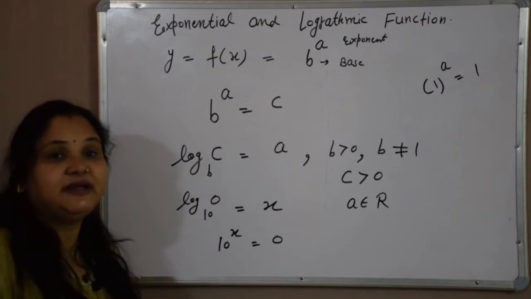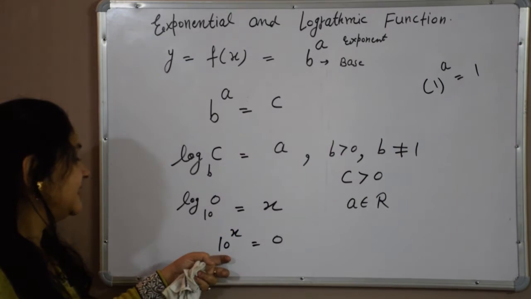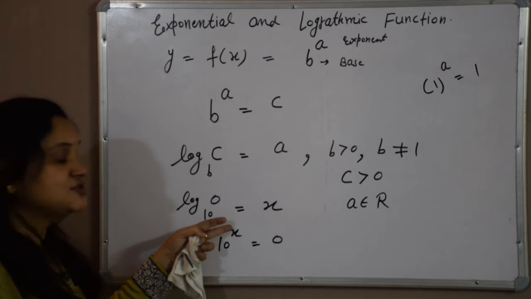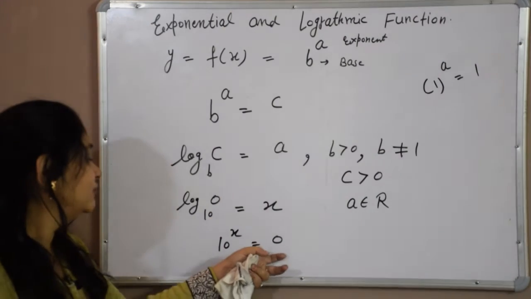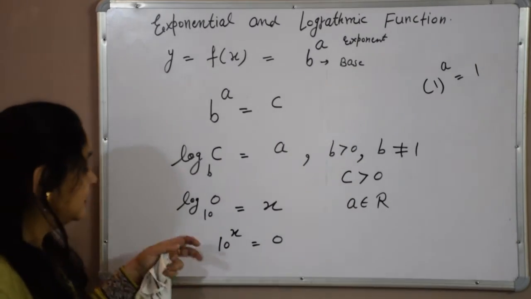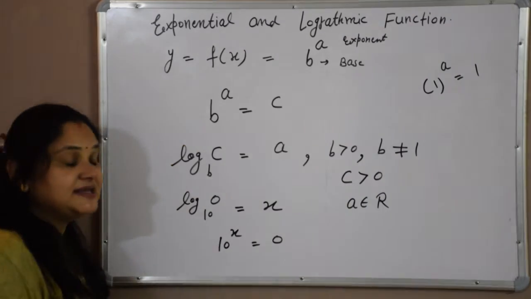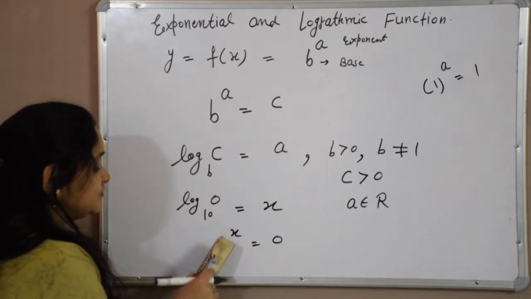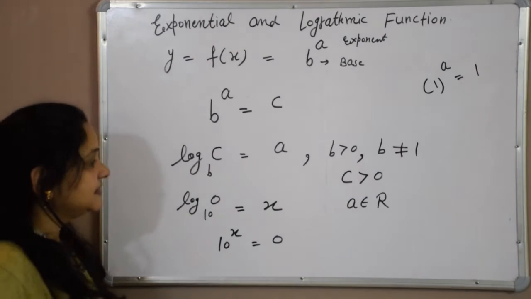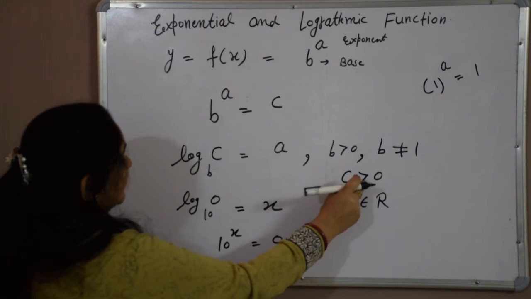If I take 10 raised to power 2, it will not give us 0. 10 raised to power 0 gives 1. 10 raised to power minus 2 gives 1 by 10 square, that is 1 by 100. But in any case, I can never find a value which will make this number equal to 0. So that is the reason we can't take c equal to 0.